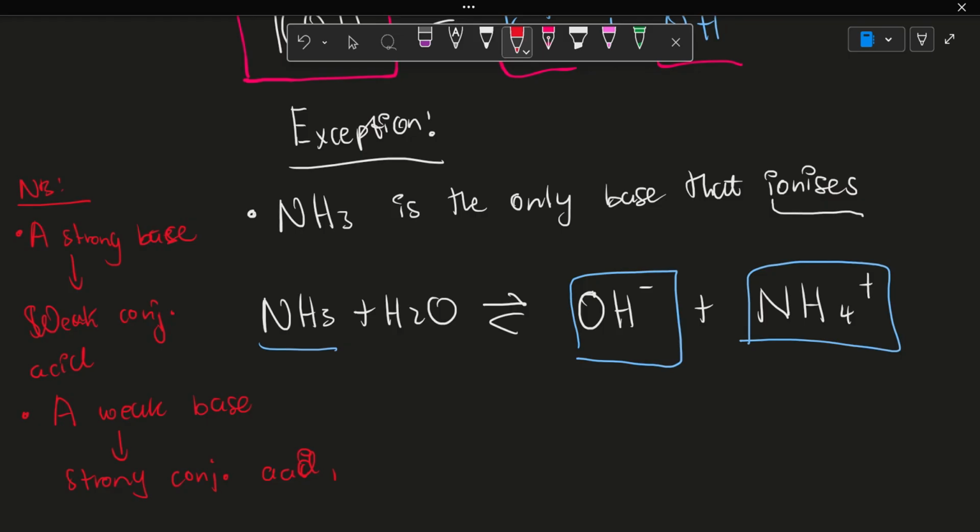We have looked at titrations, we have looked at hydrolysis, we have looked at how strong acids and weak acids ionize, and how they fully ionize or partially ionize. We've also looked at how strong bases dissociate fully and how weak bases dissociate partially, and the exception of ammonia, right?